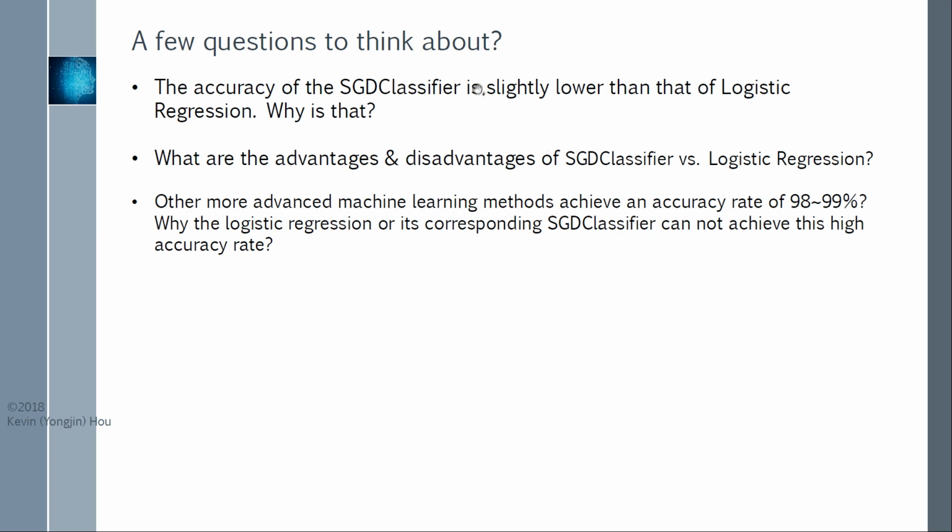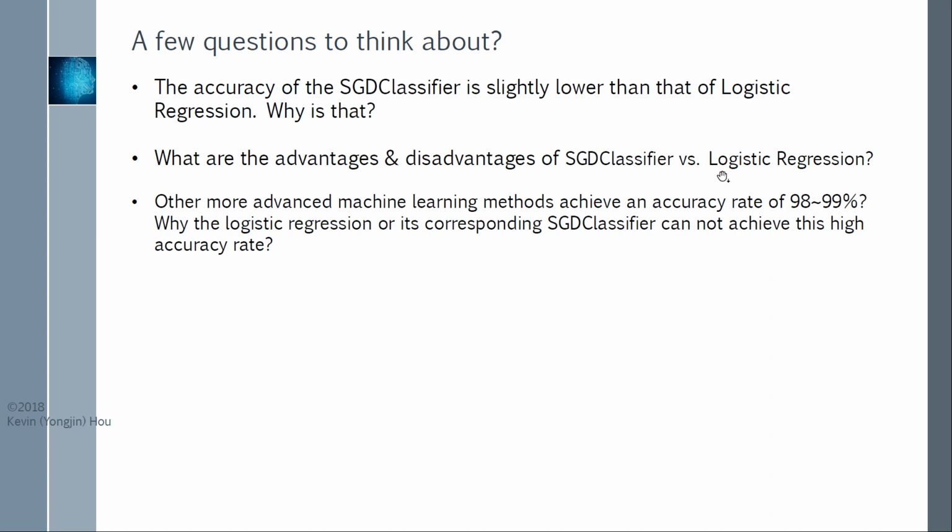In the previous discussion, when I answered the first question, I pretty much already discussed the disadvantages of the SGD classifier versus the logistic regression approach. Where you see the true benefit of the SGD classifier is when the data is really big, right? Because logistic regression is a batch mode. It takes all the inputs, all the training samples, and optimizes the whole thing as a batch.